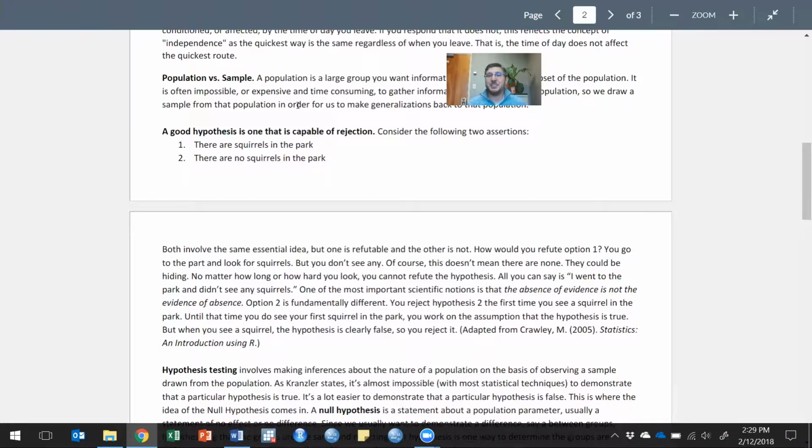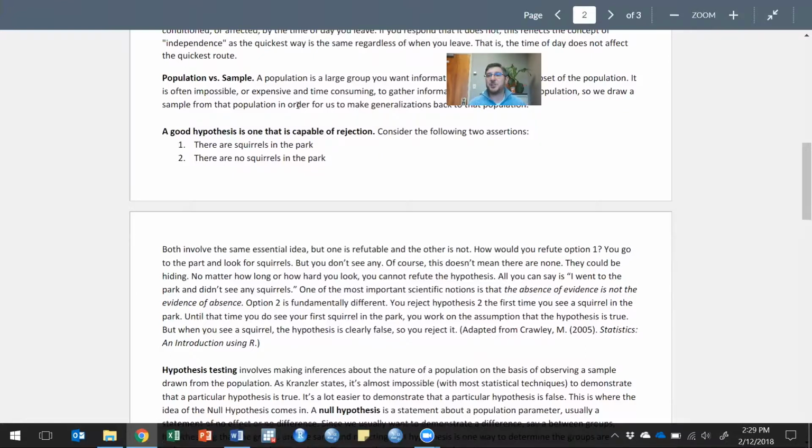All you can say is, I went to the park and I didn't see any squirrels. But the second option is different. You can reject the second option as soon as you actually see a squirrel. So the first one is actually hard to reject, right? It's the whole idea that the absence of evidence is not the evidence of absence.